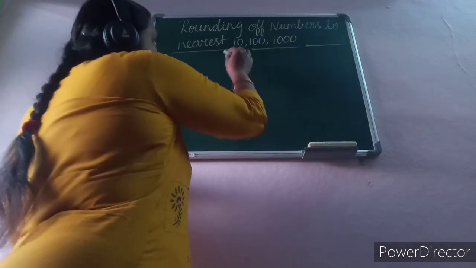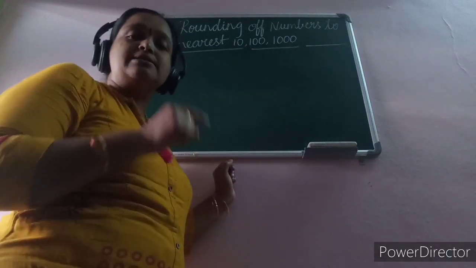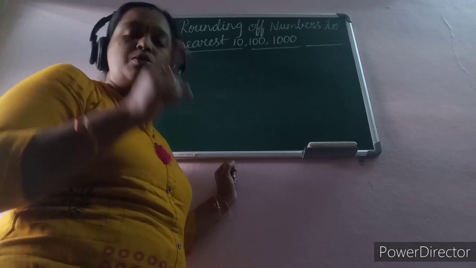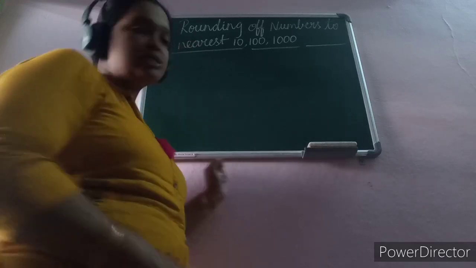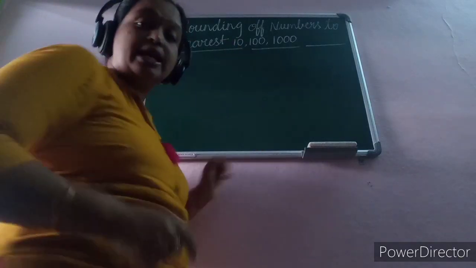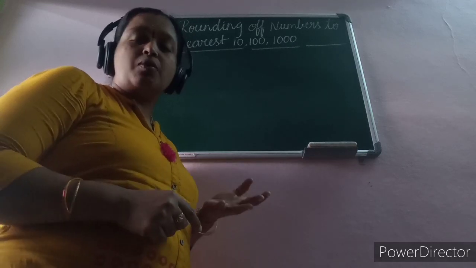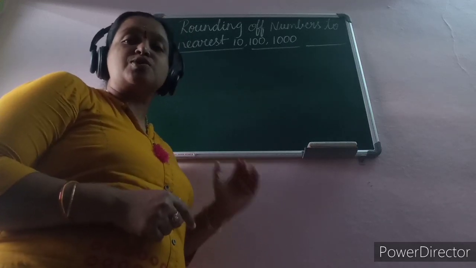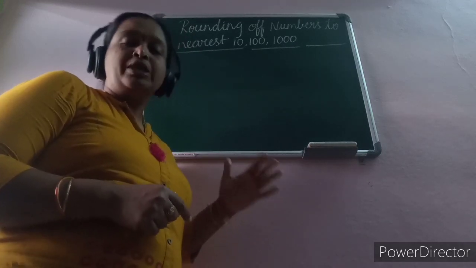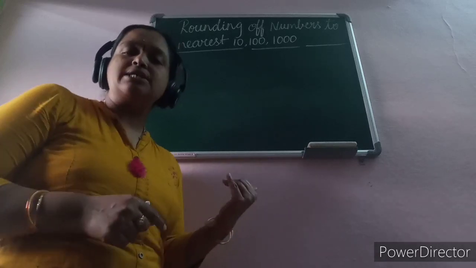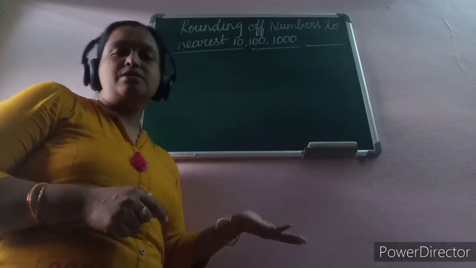The first thing you have to remember is that in your answer we are definitely going to get 10. As 10 has a 0 in the ones place, our answer also should have 0 there. The number which is in the ones place should become 0.